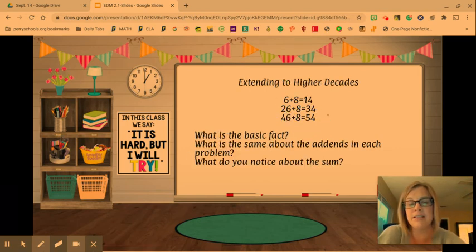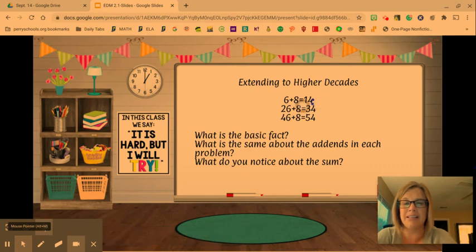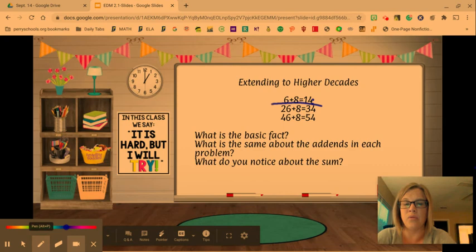Now, something that's a little bit different is extending to higher decades. So a decade is 10, and when it's talking about that, it's taking your base fact, so 6 plus 8 is 14 here, and it is extending to the higher decade in one of the numbers.